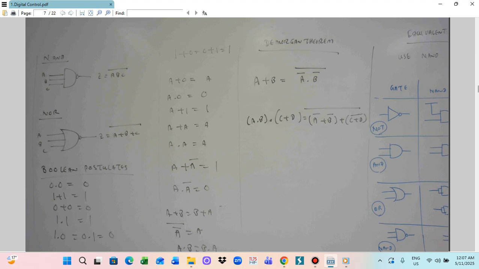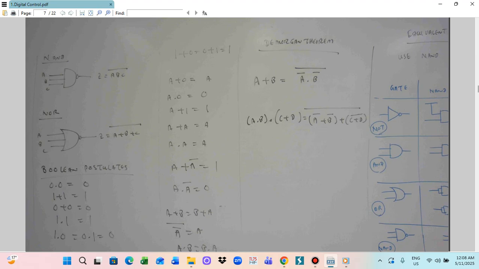And for A dot B plus C dot D, the whole bar, this equation is equal to A bar plus B bar, in brackets, times C bar plus D bar. So this is how we use the De Morgan theorem.